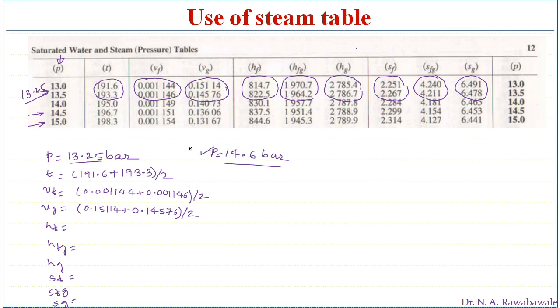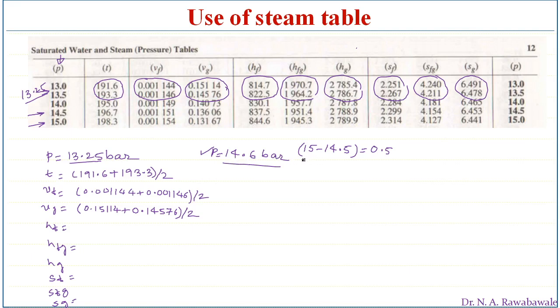How to interpolate? So what is the difference between 15 and 14.5? 15 minus 14.5, so the difference is 0.5. And we want to find out at a pressure of 14.6.